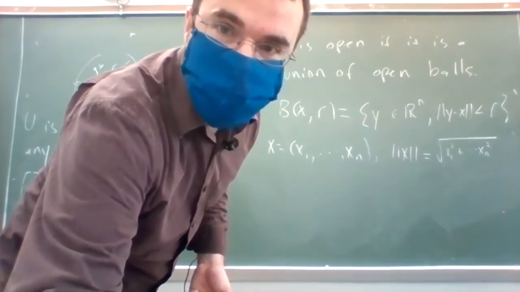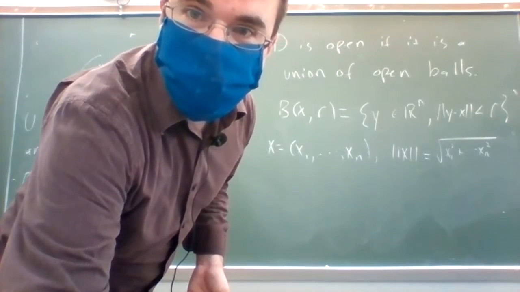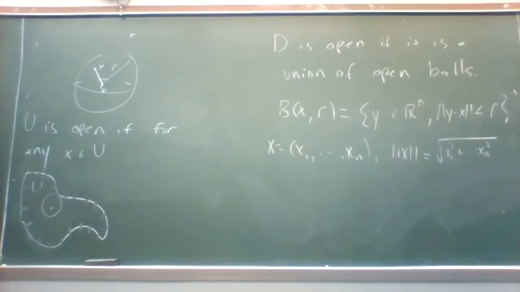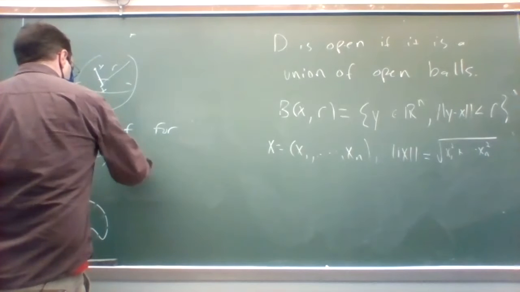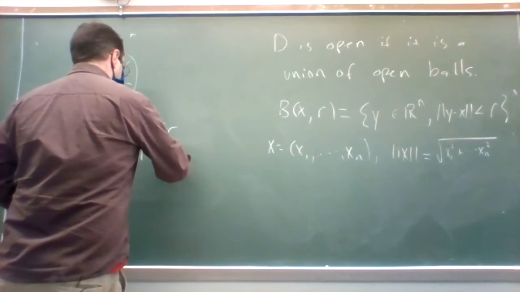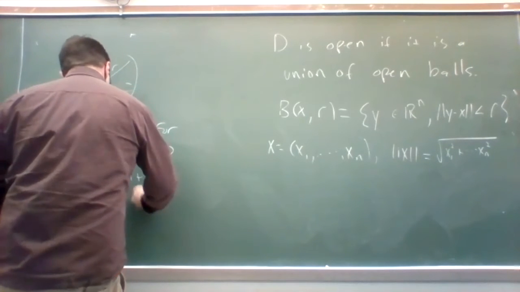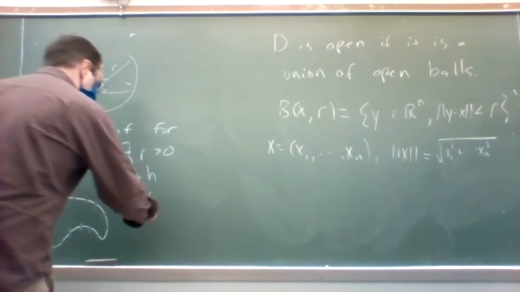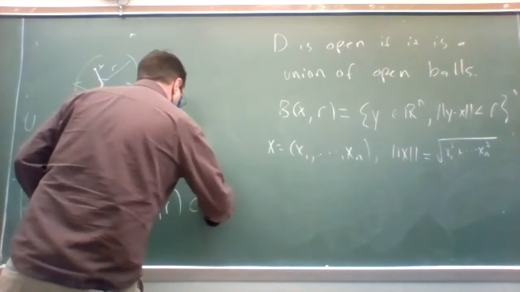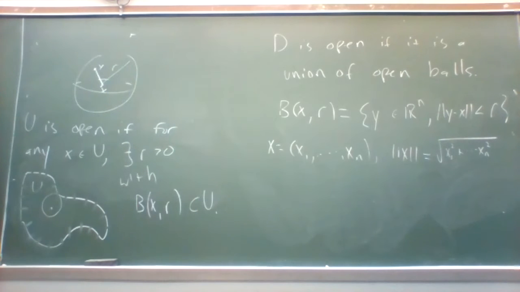So U is open if for any X in U, there exists some radius, with the ball of radius R about X completely contained inside U. Have you seen this symbol, there exists?